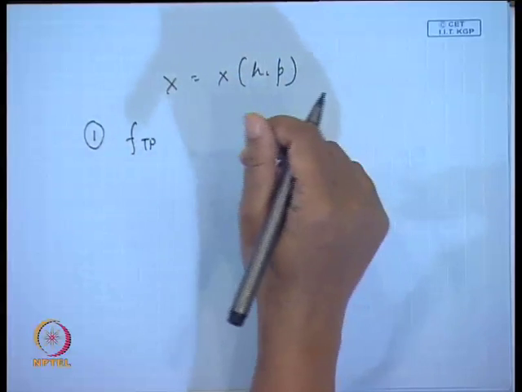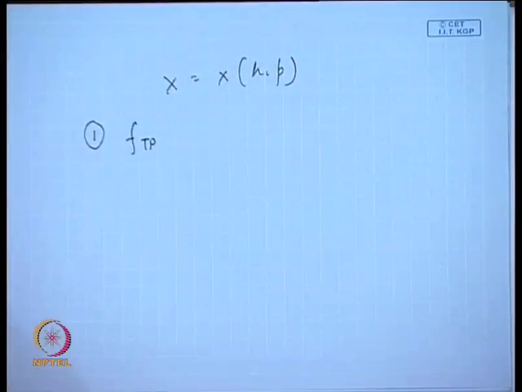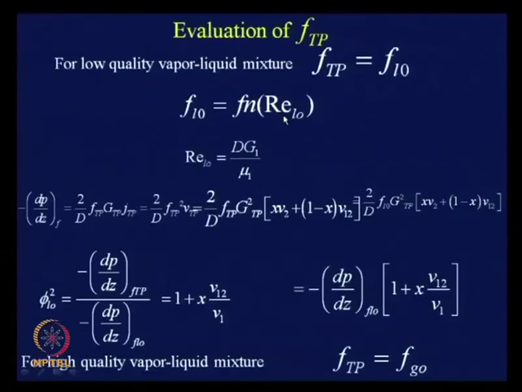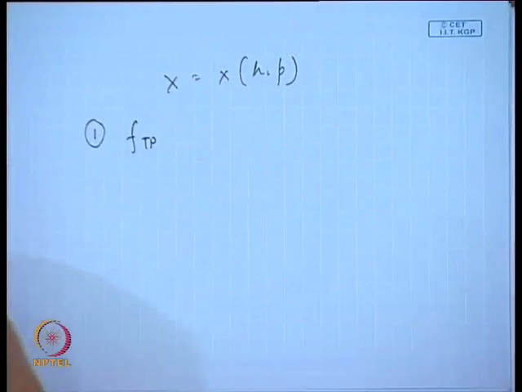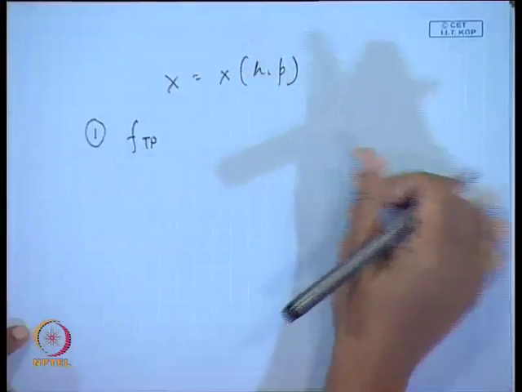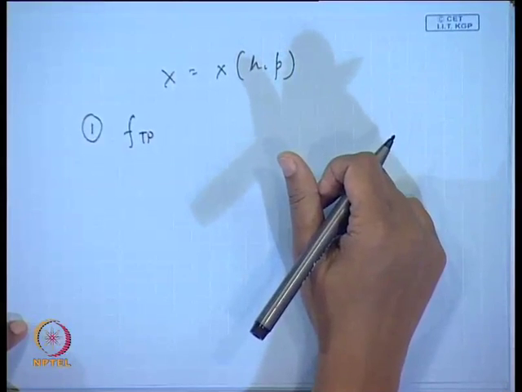So, the first thing which we can do, if we refer to this particular slide, we find that if it is a very low quality vapor liquid flow, under that condition what we can assume? We can assume that if it is very low quality, then probably the mixture behaves more like a liquid than a vapor, is not it?